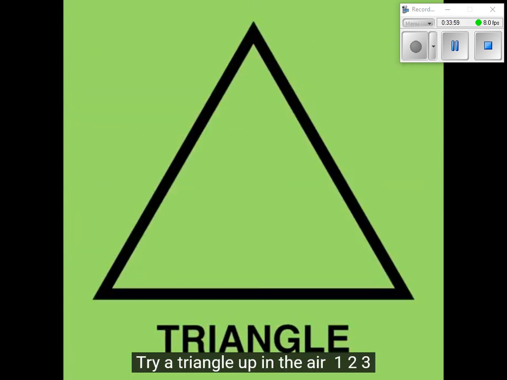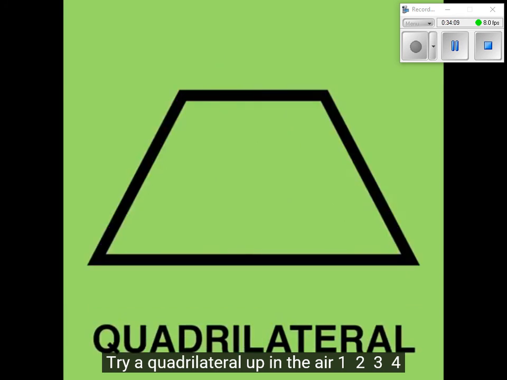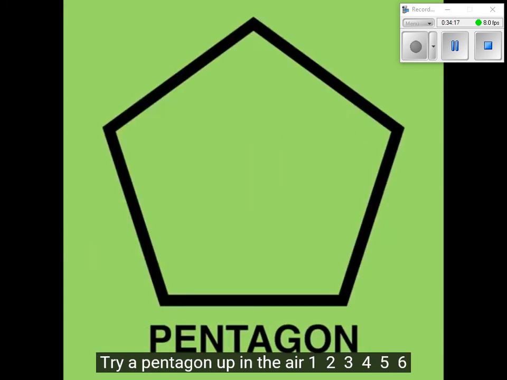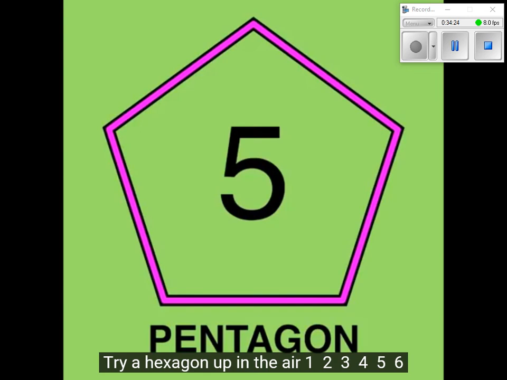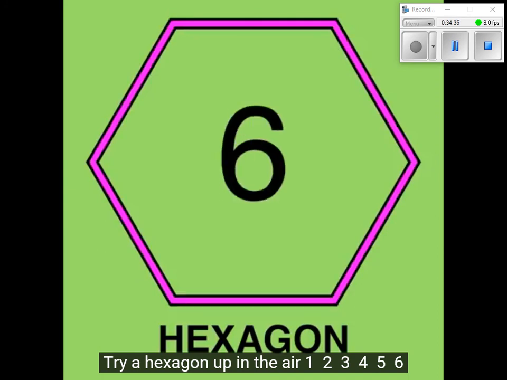Try a triangle up in the air. 1, 2, 3. Try a quadrilateral up in the air. 1, 2, 3, 4. Try a pentagon up in the air. 1, 2, 3, 4, 5. Try a hexagon up in the air. 1, 2, 3, 4, 5, 6.